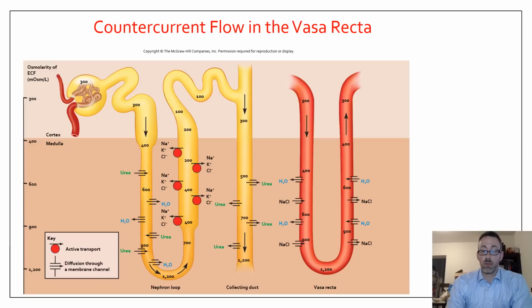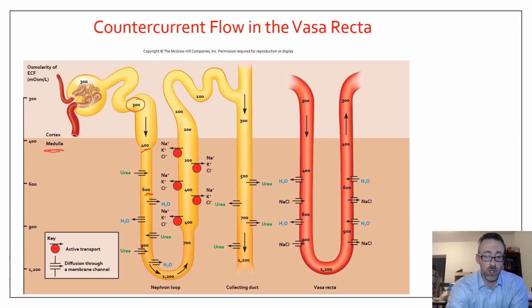Now this countercurrent multiplier is seen here again. You can see in yellow the nephron. Again, here at the start, they're using 300 milliosmoles. This is the normal: 300 milliosmoles of fluid at the end of the proximal convoluted tubule as it descends into the medulla, which is the darker shade here.